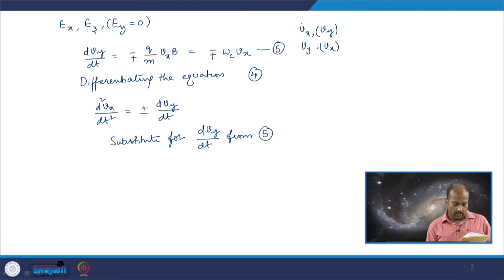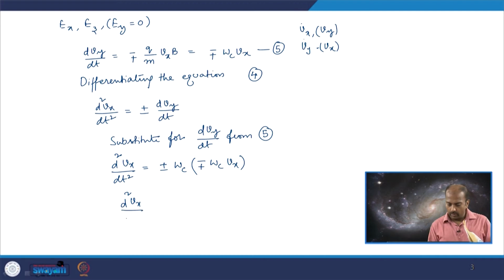What we get is d squared Vx/dt squared equals plus or minus omega c times minus plus omega c Vx, which will be d squared Vx/dt squared equals minus omega c squared Vx. Let us call this equation 6.